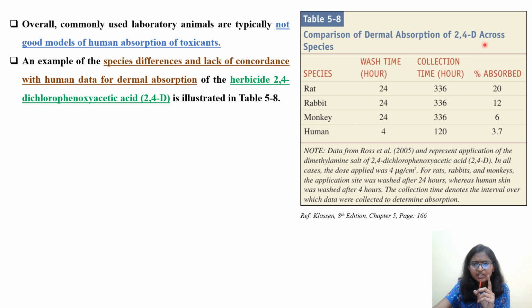They have taken an example, 2,4-D, which is an herbicide. It was a part of Agent Orange, which was used in the Vietnam War. That was one of the components, but the one which caused teratogenicity or toxicity is a different compound, TCDD, which is a contaminant in Agent Orange.